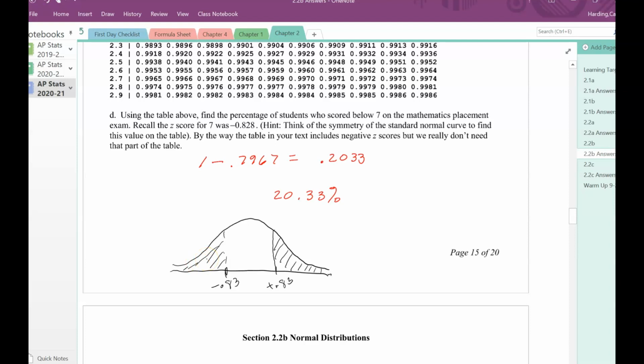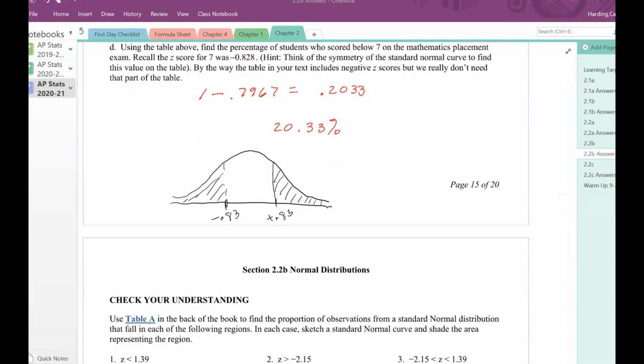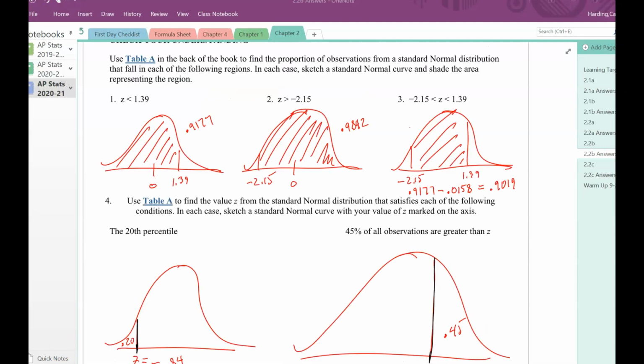So in that way, you actually don't even need the negative z-score values in the table. You can just use the positives and the idea of symmetry in the normal distribution to come up with the percentages that you need. Okay, so at this time, I'd like you to pause the video and then try and answer the questions on the next page to find the actual percentages that fall between or below or above a given z-score. Okay, you can go ahead and check your answers.